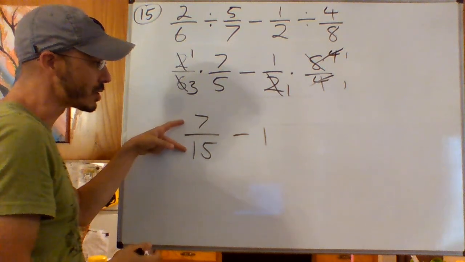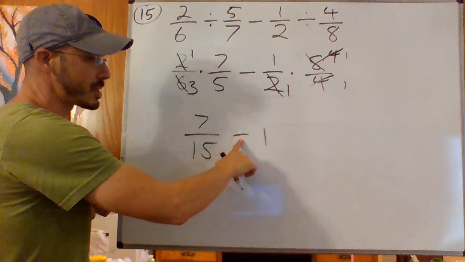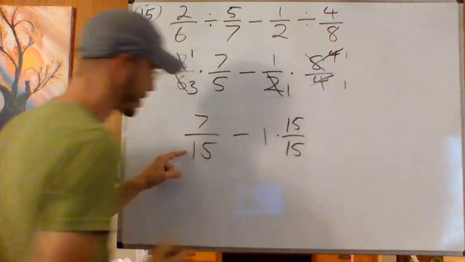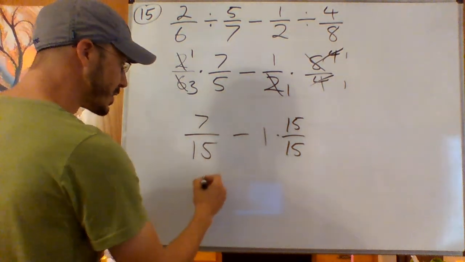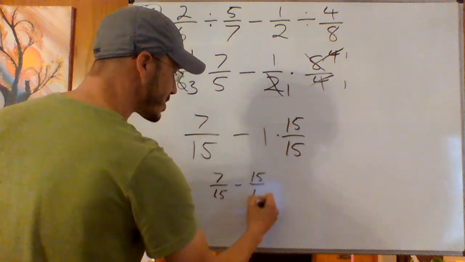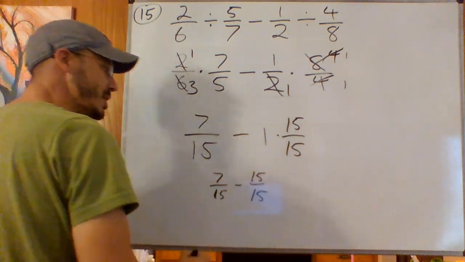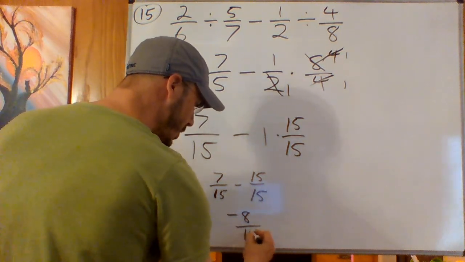Now, to combine these, for that last operation, I need a common denominator, which is just this denominator. So I can multiply 1 by 15 over 15, or have 7/15 minus 15/15. And that's the same denominator, so it's just 7 minus 15, negative 8, over the common denominator.